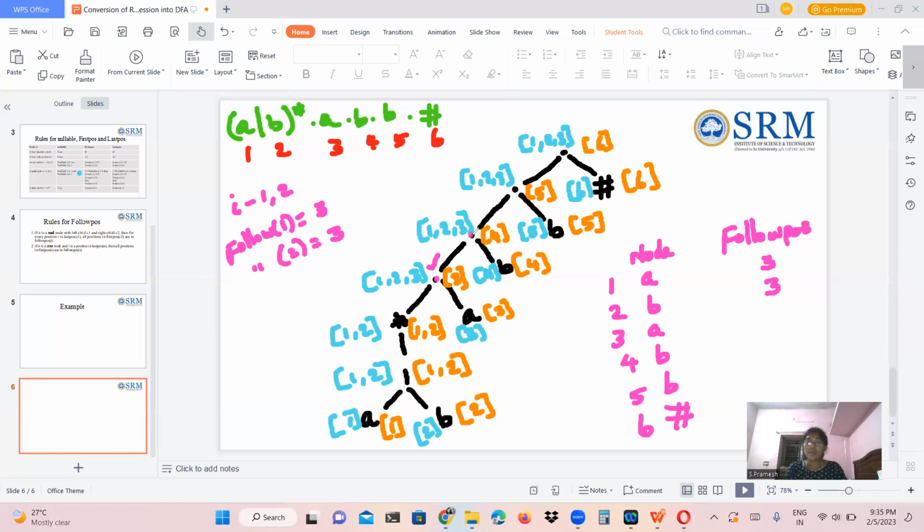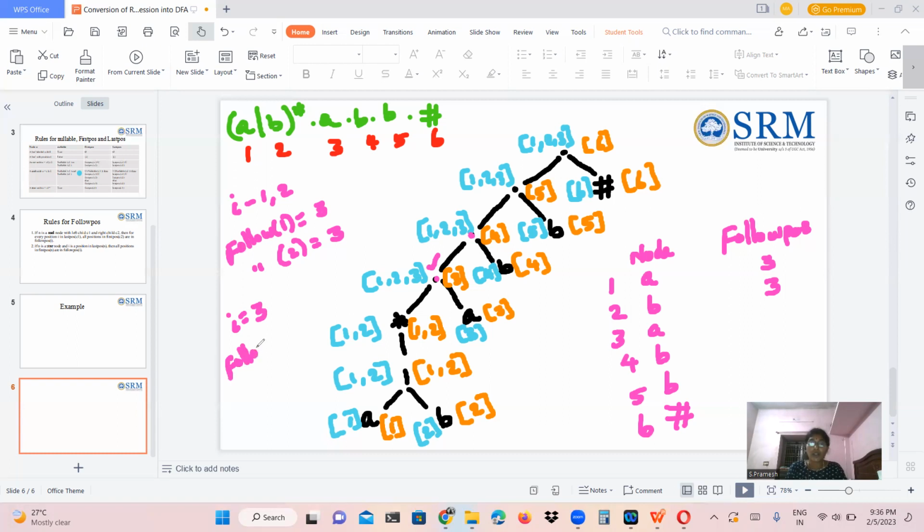Consider this dot symbol. In this concatenation, what is your I value? You have to consider only the last position of the left child. What is that? 3. So you take that, and you have to fill follow of 3 alone.